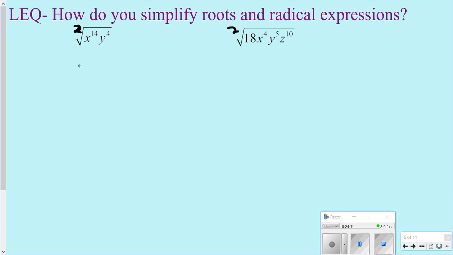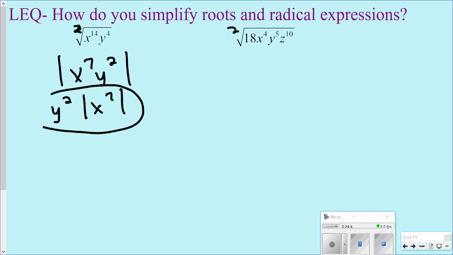We are going to divide and get x to the 7th, and 4 divided by 2 is 2, so y squared. And remember, initially you can put the whole entire expression inside of the absolute value, but really we're concerned about what needs to stay there. Odd exponents need to stay inside. Even exponents can go out. So y squared times the absolute value of x to the 7th is my final answer.